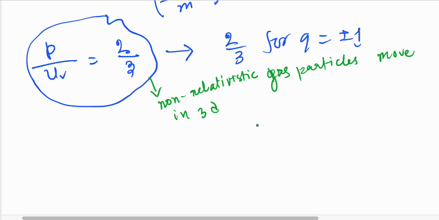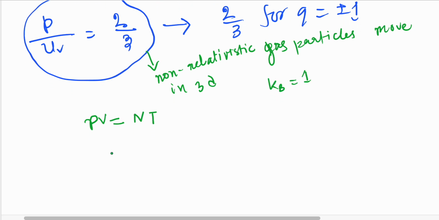Now just a quick check for q equal to 0. As we know, for a classical ideal gas, PV is equal to NT, as k beta is equal to 1, and we know that U is 3/2 NT for 3D, again k_B equal to 1.